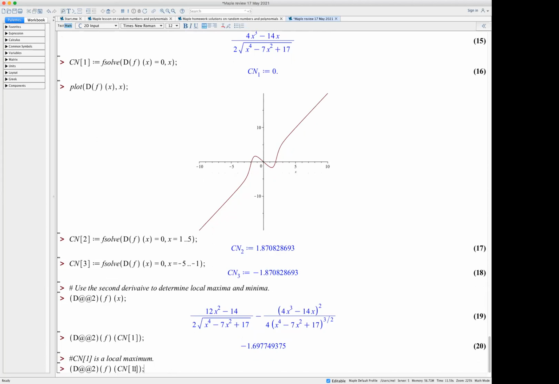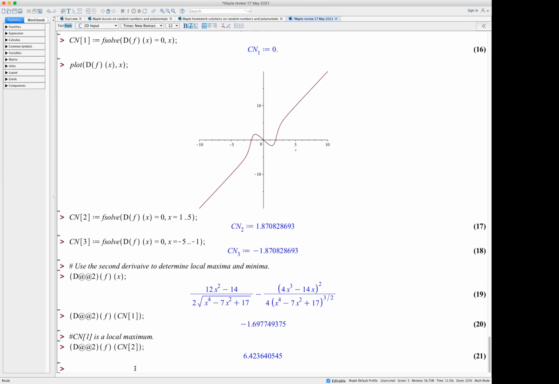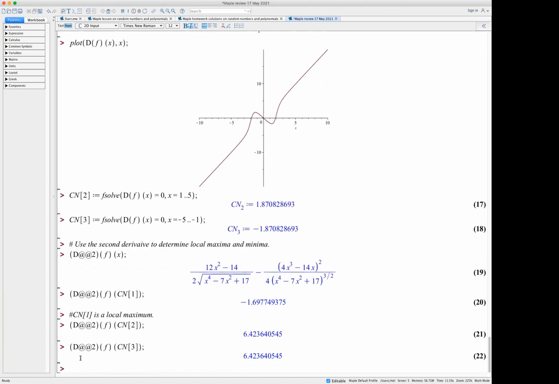What about the second critical number? It's positive. What about the third critical number? It's also positive. So I can make the following comment. CN2 and CN3 are local minima.